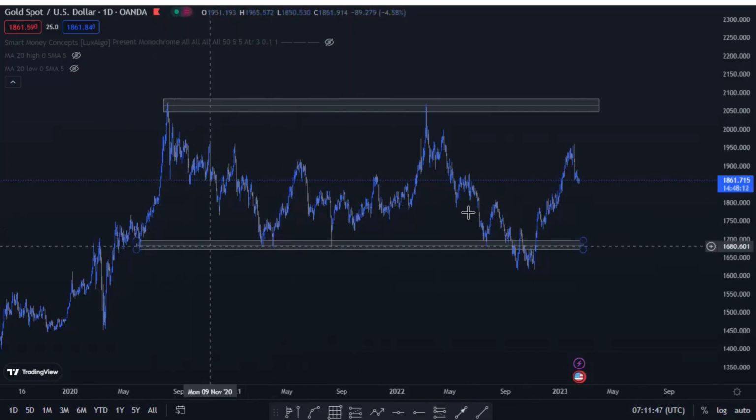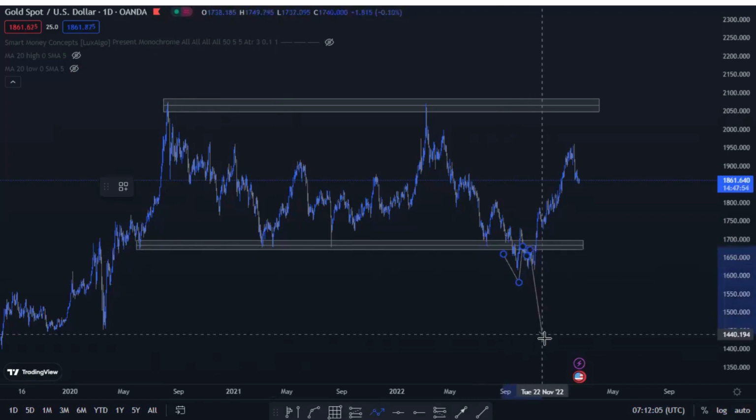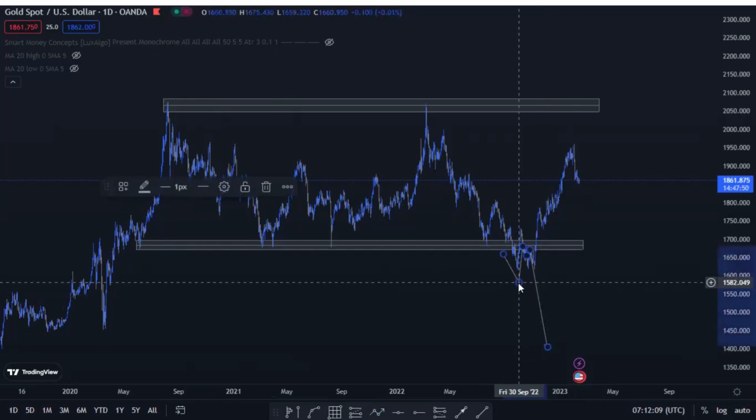When it got to this point, the market tried to break out, which it did, but it failed to retest this level before continuing its downtrend.